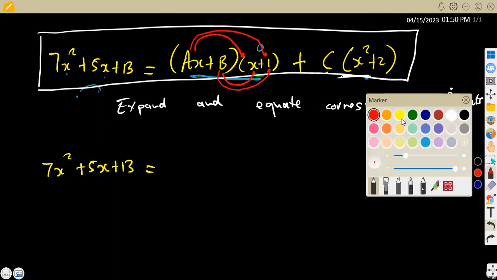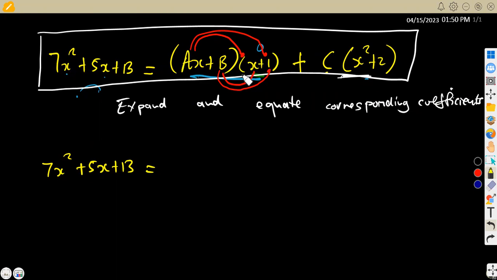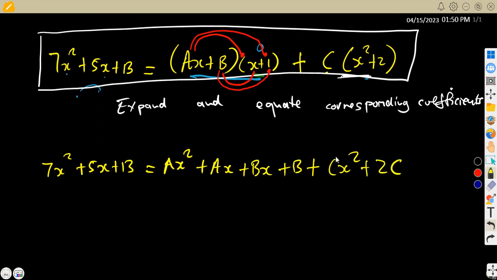So ax times x is ax squared, ax times 1 is ax, b times x is bx, b times 1 is b. We move on to the other term here. We've got just a c, so the c is going to expand everything in this bracket. That's plus cx squared, c times 2, which is 2c.